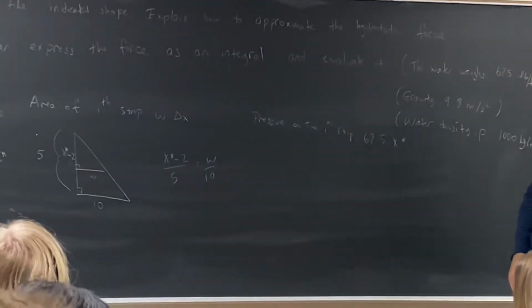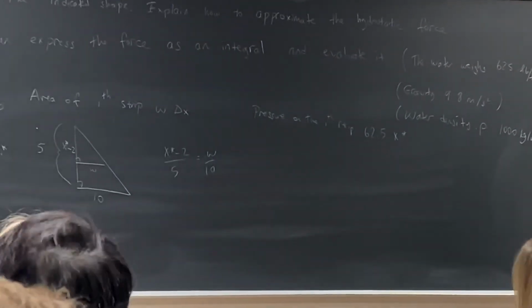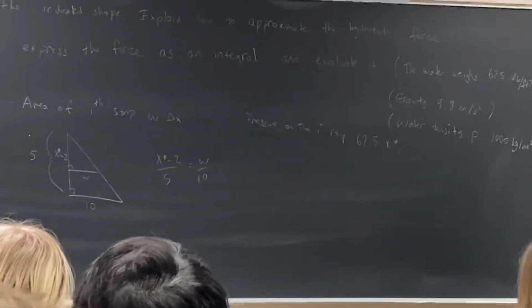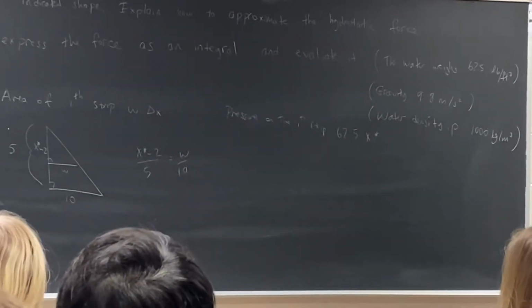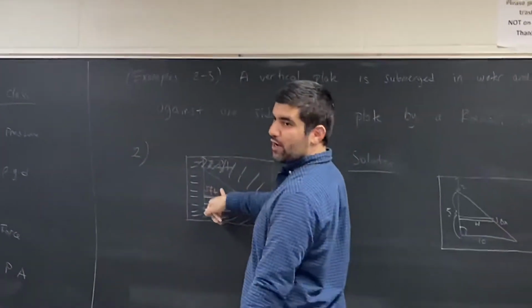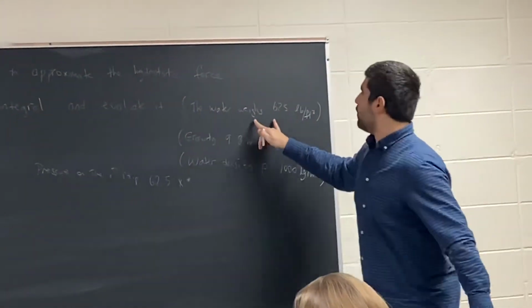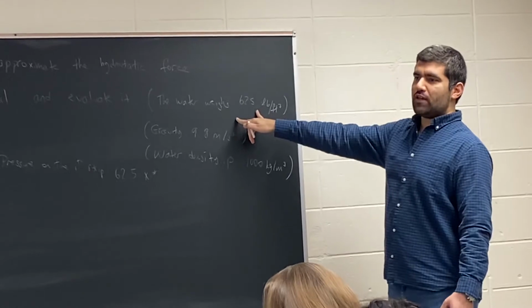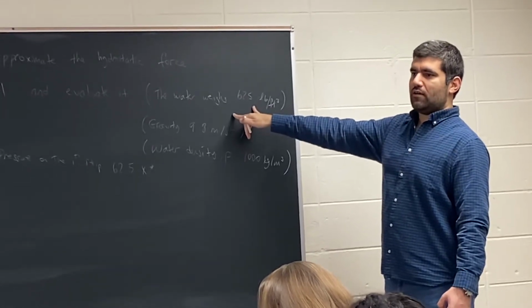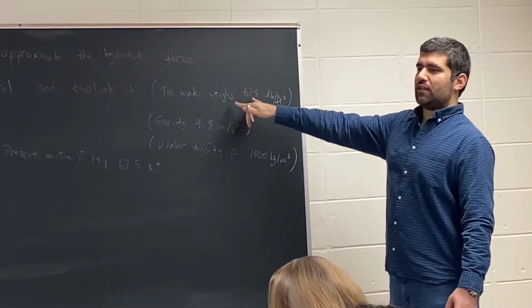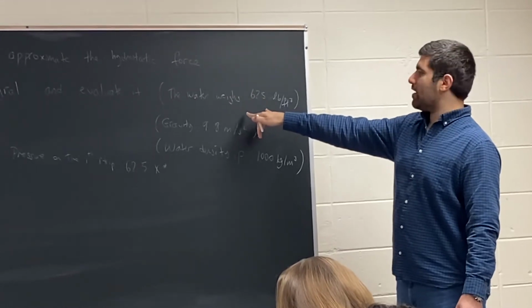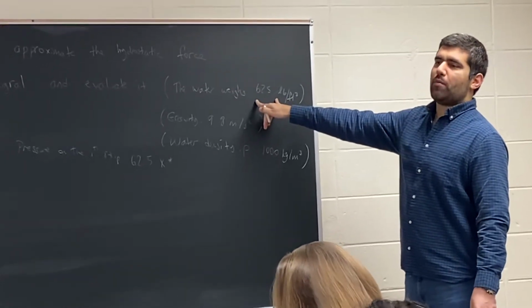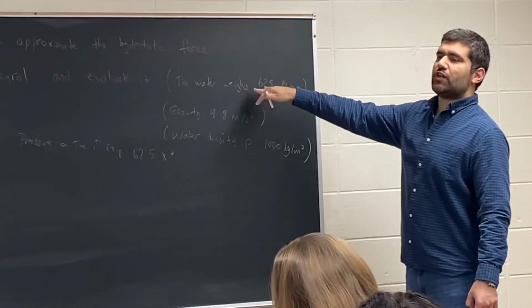When we were doing the pressure on the strip, why do we not multiply by gravity? Because the units are given in terms of feet, right? What do you know about feet? The water weighs 62.5 pounds per cubic foot. And this takes care of the gravity. This is the weight density. I think we use epsilon to represent that. So if you're using that, you don't need to worry about gravity. This is pretty much gravity times density.